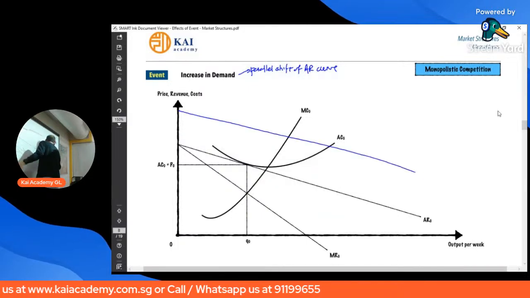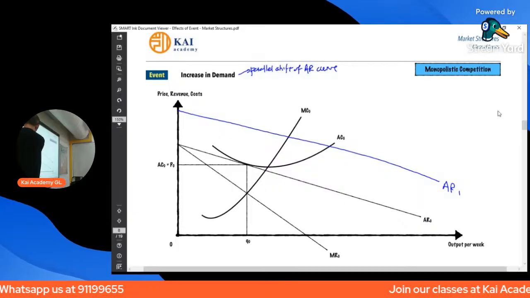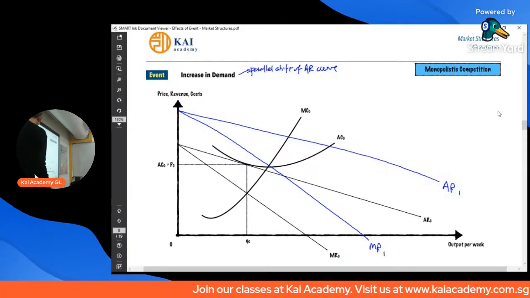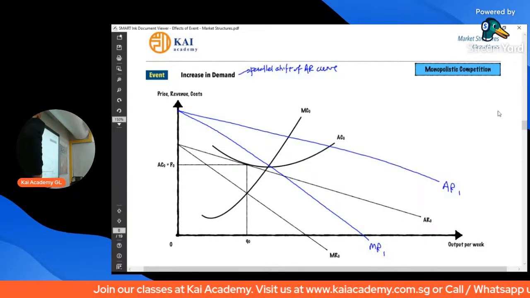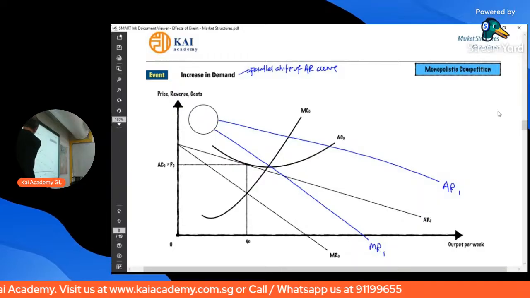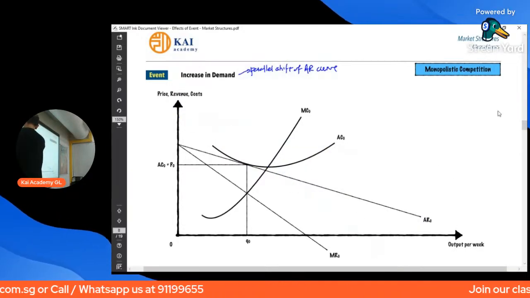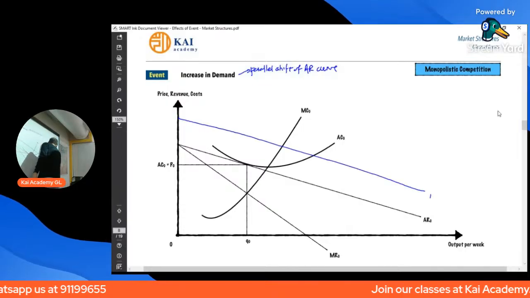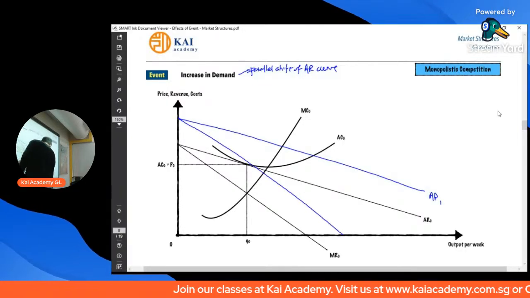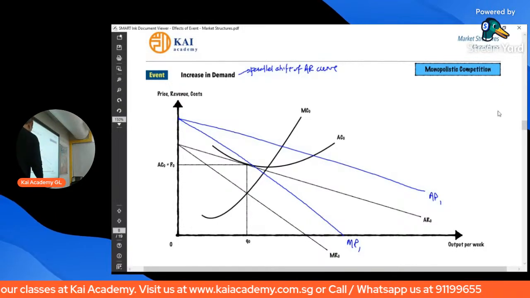I'm going to shift it out really far, so this way I won't intersect all the wrong stuff. Sorry, it's still bad. Okay, imagine it's parallel, okay?